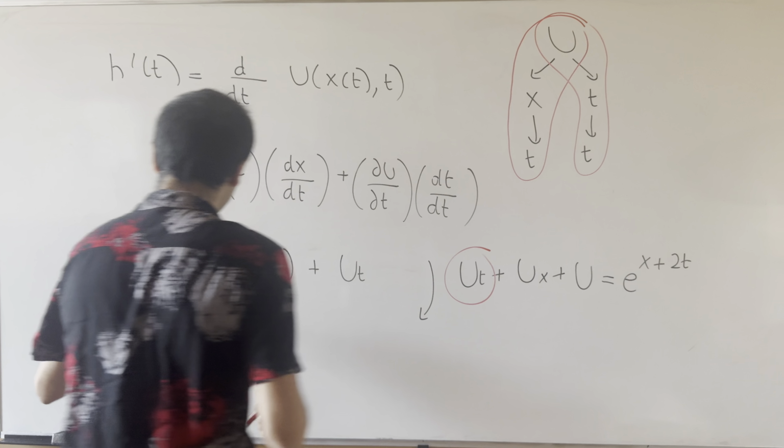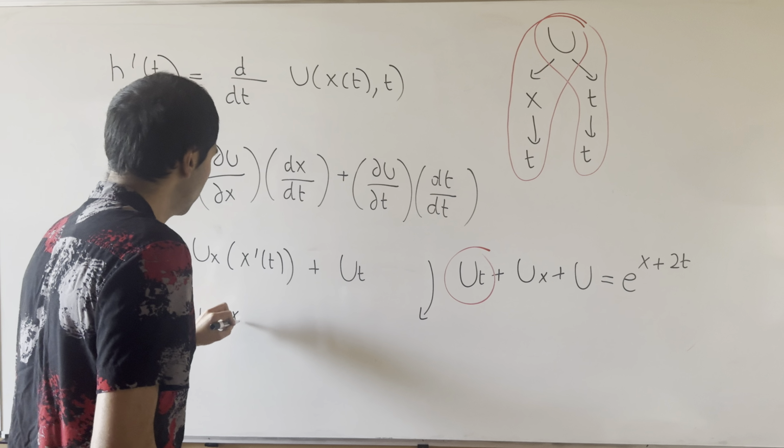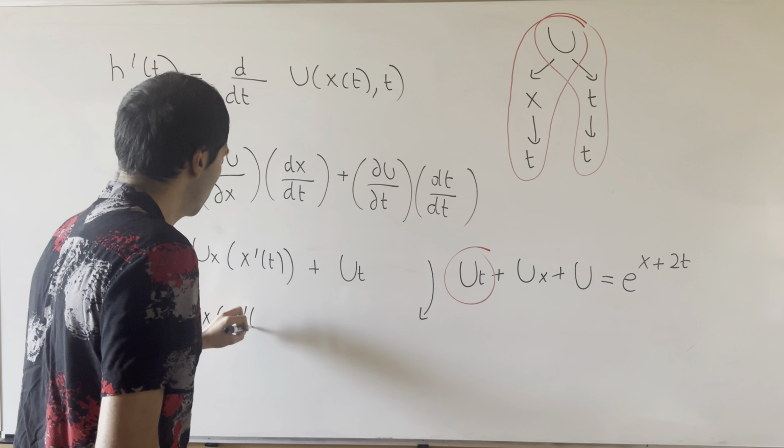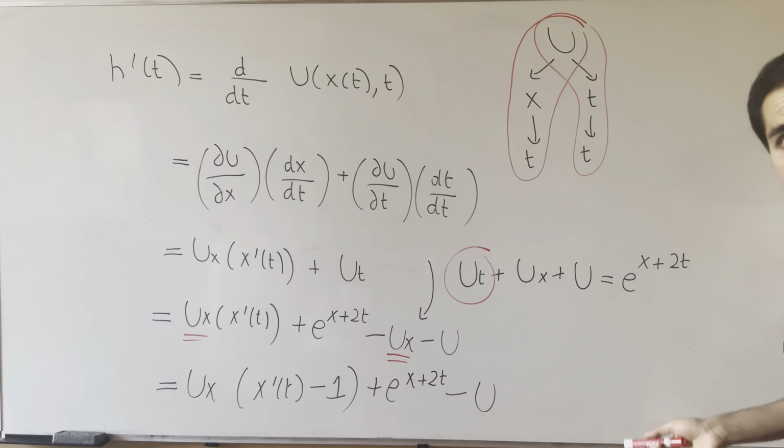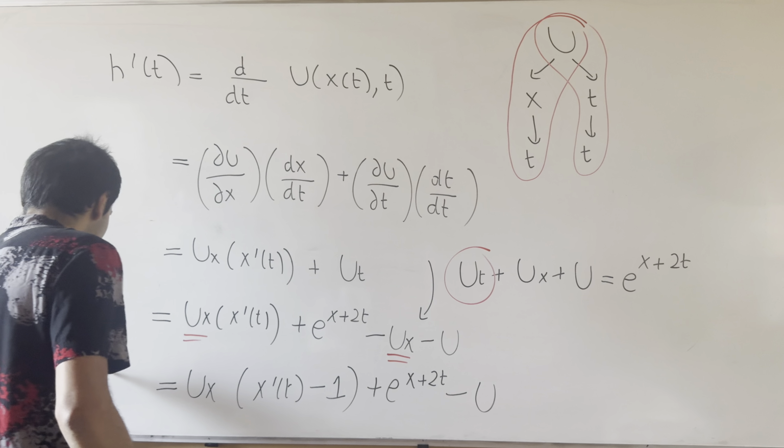So this becomes u_x times x'(t), and now plus e^(x+2t), and then minus u_x, and then minus u. And the nice thing is, this u_x factors out, and we're left with u_x times (x'(t) minus 1) plus e^(x+2t) minus u, which once again is h'(t).